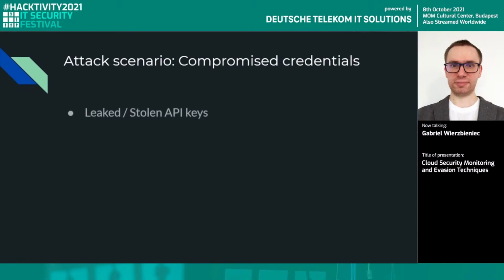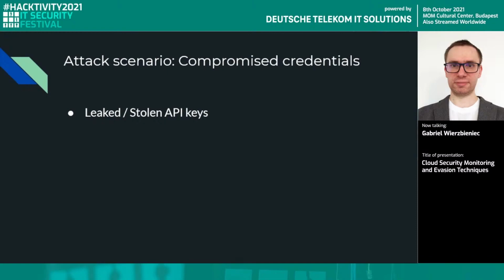In our scenario, the adversary is going to leverage leaked or maybe stolen API keys. A side note here, unauthenticated attacks are of course possible, but they are pretty rare.